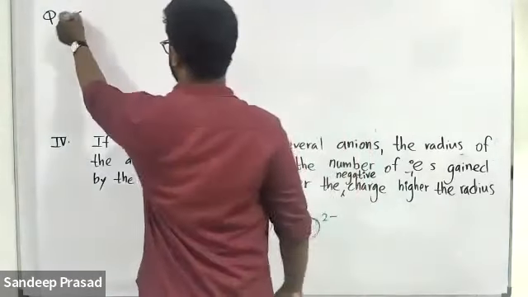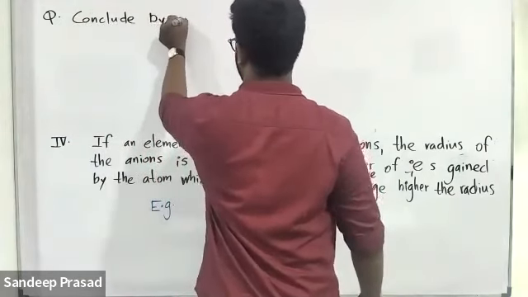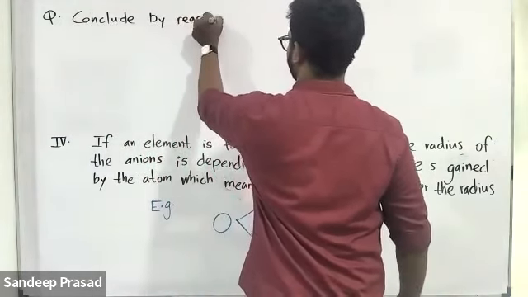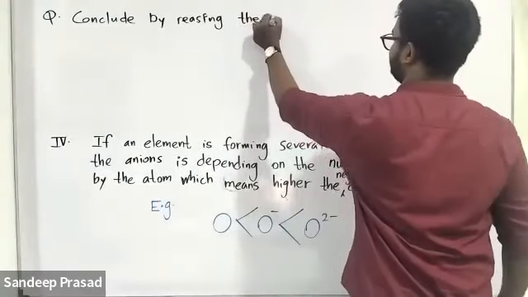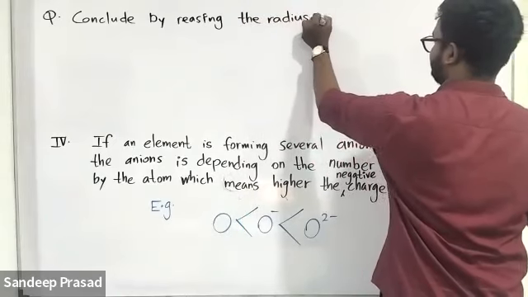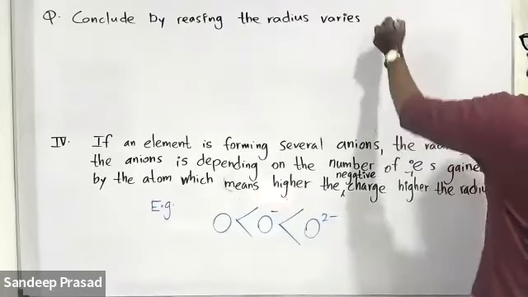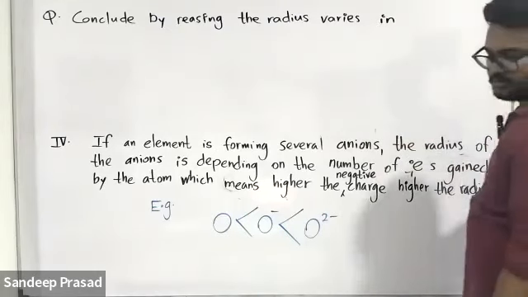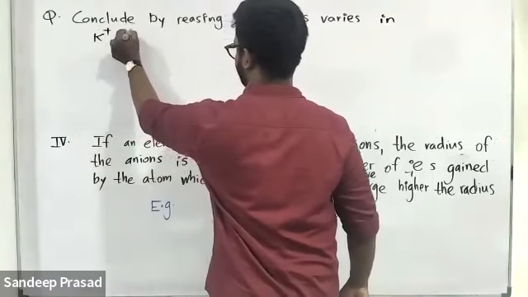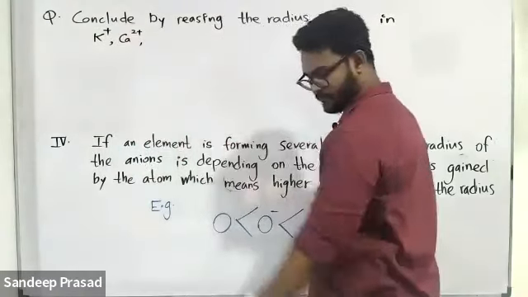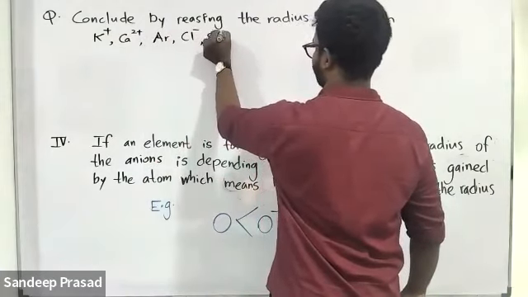Conclude by reasoning how the radius varies in potassium plus, calcium 2 plus, argon, Cl minus, and S2 minus.